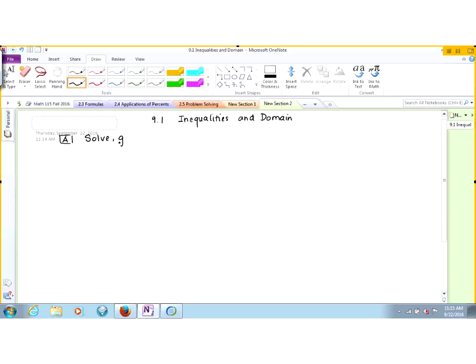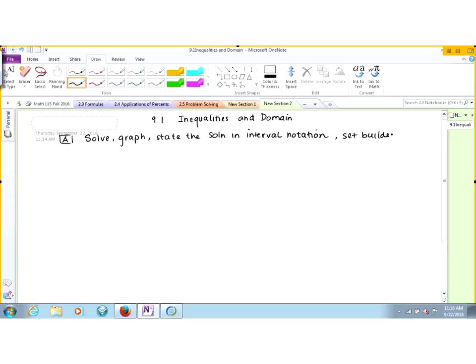So solve, graph, and then state the solution in interval notation, and set builder.